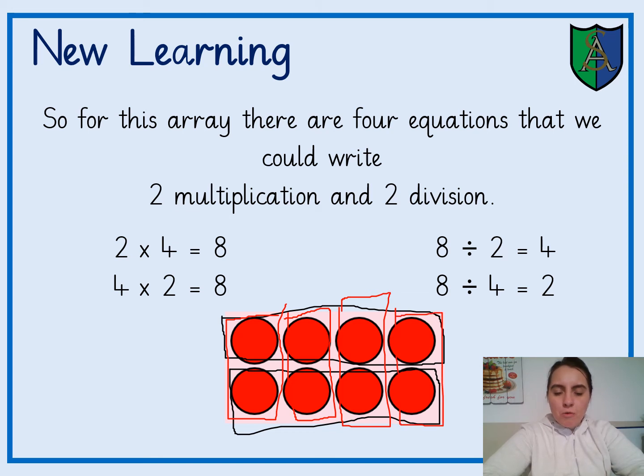So hopefully you can see there how you come up with your 2 multiplication and 2 division equations, because that's what you're going to be doing in your independent task today. You're going to have some arrays and you're going to come up with the 4 equations, 2 multiplication and 2 division, for each of them.